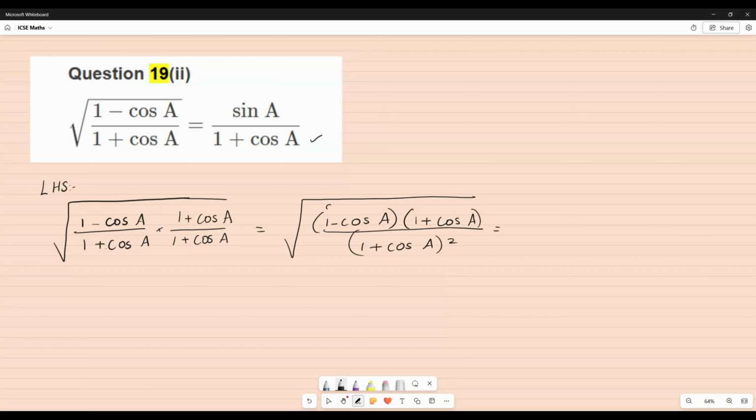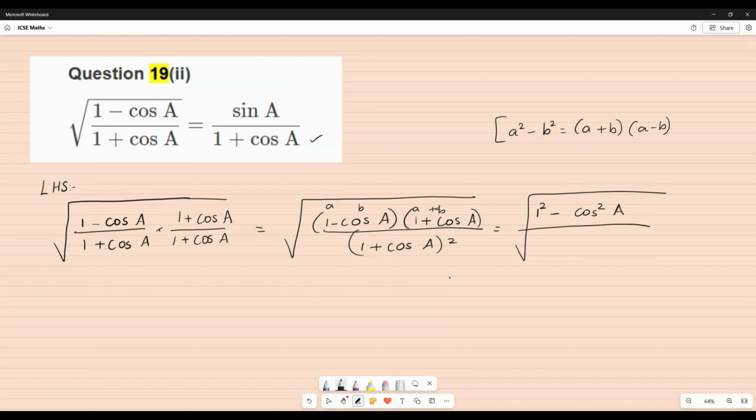This is in the format of A minus B, A plus B, that is A squared minus B squared. What is the formula? A plus B into A minus B. So A is 1 squared and B is cos squared A, divided by 1 plus cos A the whole square. What is 1 minus cos squared A?